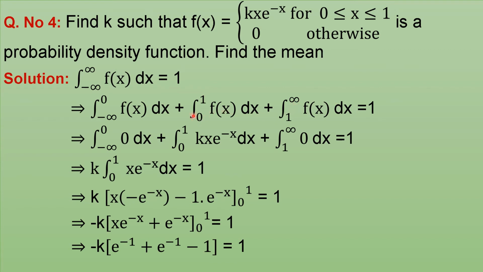So that in the integral from 0 to 1, f of x can be replaced by kx into e power minus x. And in the other two integrals, f of x can be replaced by 0. So that the first and third integral are zeros, only the second integral remains for the calculation.